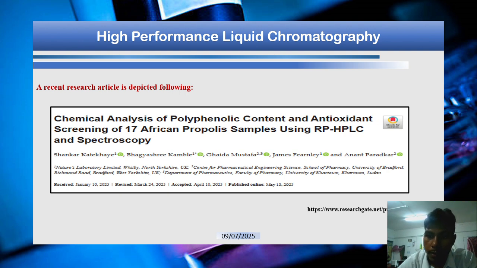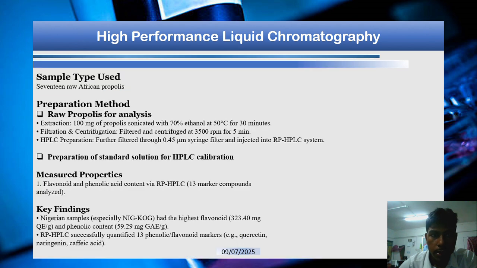Propolis is a resinous sample of complex composition, produced by honeybees and found in many different regions in Africa. The main objective of this study is to quantify the 13 compounds in the propolis sample.